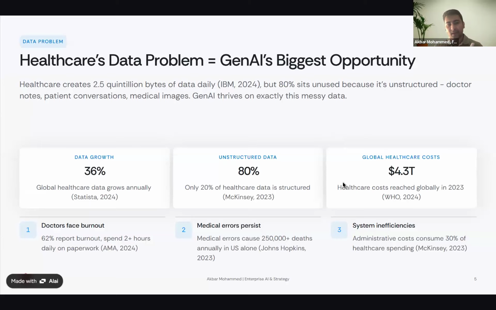And a lot of it also gets unused because it is unstructured, it is difficult to process, it is difficult to share. One thing that you should know is, if you go to an ABC hospital and then you go to an XYZ hospital, the data that the ABC hospital has cannot be easily shared with the XYZ hospital, right?